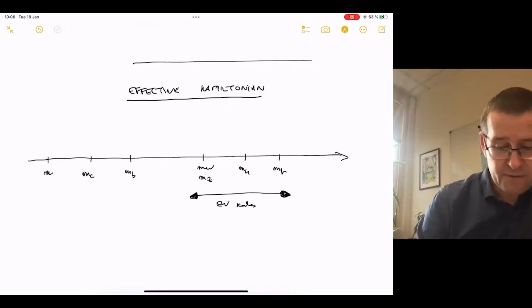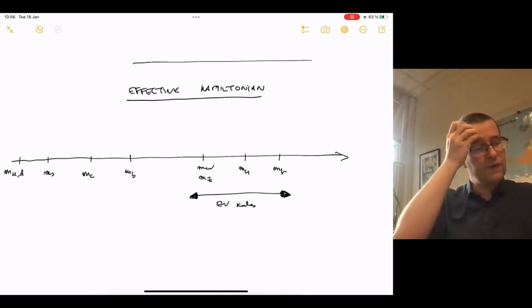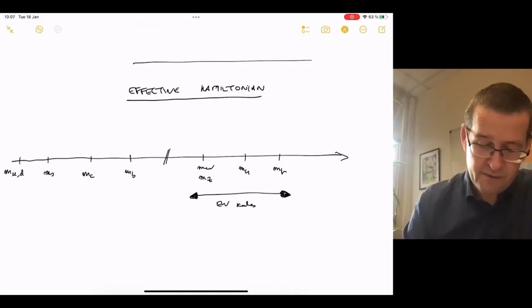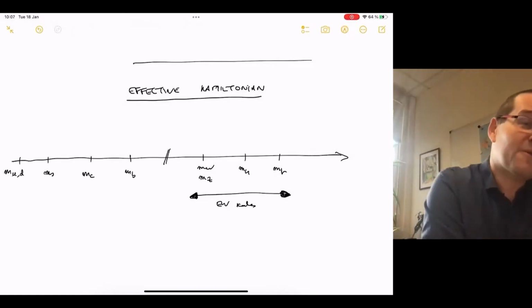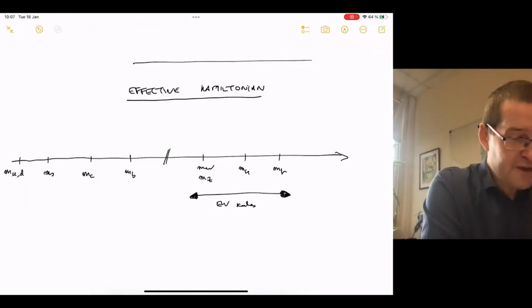Then you've got the strange, obviously it's not to scale, I'm not even trying to do it. And then you've got u and d somewhere very close to zero. Probably I should put this sign to tell you that there is quite a large range between those two.